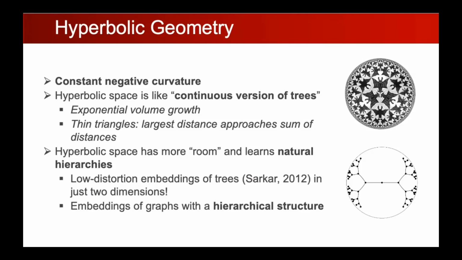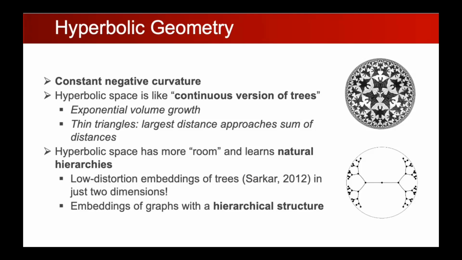And this is also a property that is close to tree metrics, in the sense that we can decompose distances into sum of distances. And so these connections between trees and hyperbolic space lead to very nice properties to embed trees or hierarchical data in hyperbolic space.